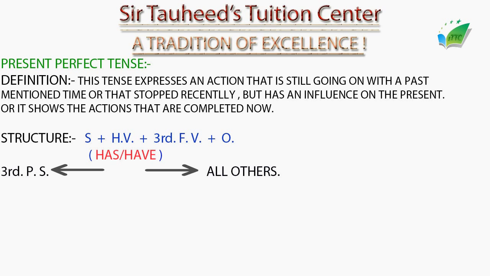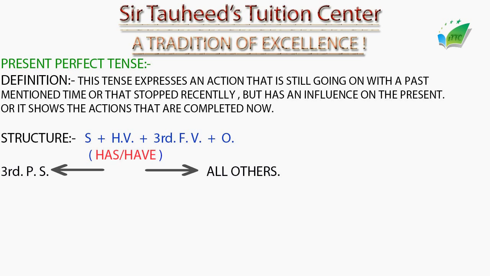In other words, we can say that it shows the actions that are completed now. So, whatever has been done recently, or whatever you have done in the recent time, in the present time, whatever you have completed, they can be expressed with the help of present perfect tense.